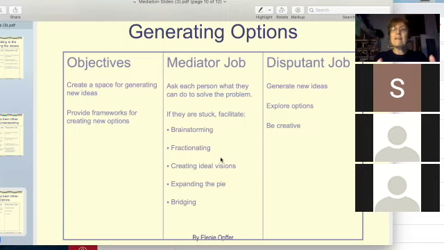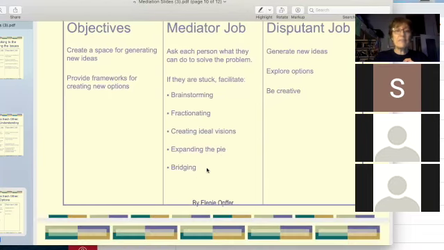So you're expanding the resources, and you could brainstorm to think of ways to bring in more resources or more possibilities. So it doesn't necessarily have to be a resource. Okay. And then bridging is when each party tries to bridge over to meet the other person's needs. So for example, let's say I want to go camping with one of my best friends and I want to go to the mountains and my friend wants to go to the beach.